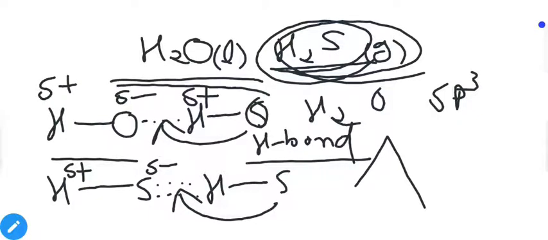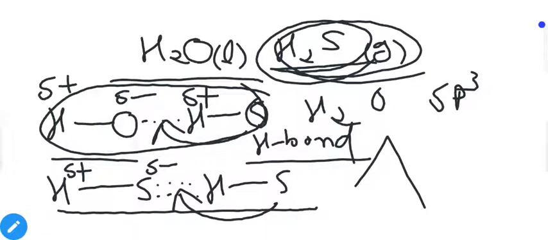That's why water molecules come close together strongly, and that's why they are in liquid state. Whereas H2S molecules have comparatively weak attraction towards each other because they have dipole-dipole type intermolecular attraction, which is weaker than hydrogen bonding, and that's why they remain in gas state, whereas water is present in liquid state.